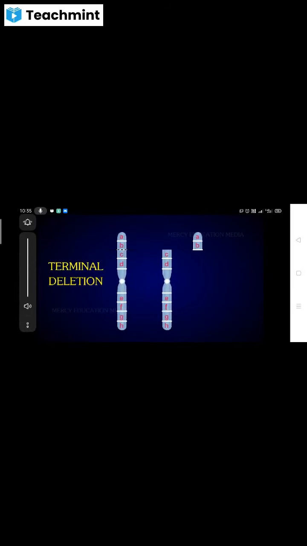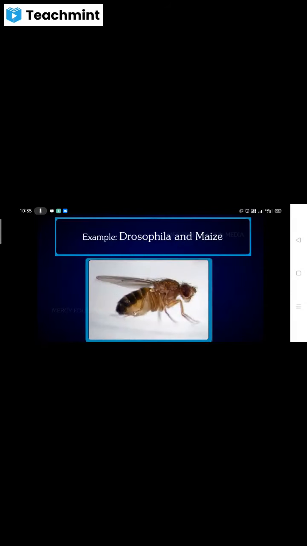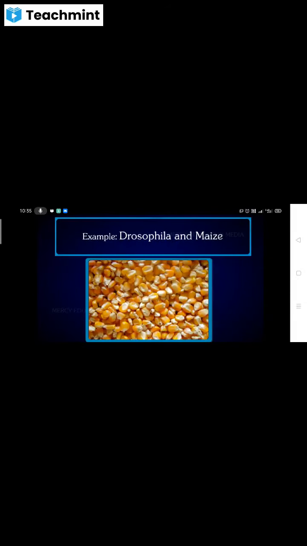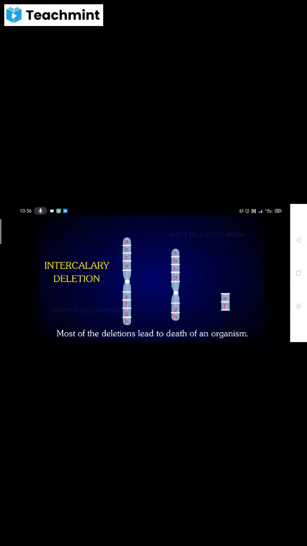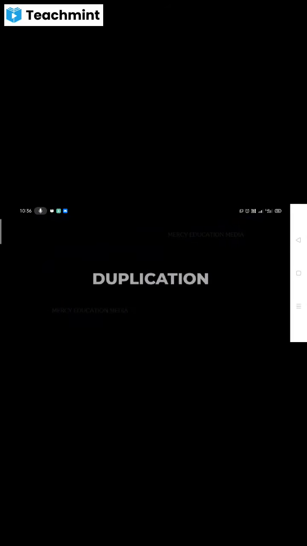Terminal deletion takes place at the ending points; examples are Drosophila and maize. Intercalary deletion occurs in the intercalary region. Due to this, death of the organism may take place.